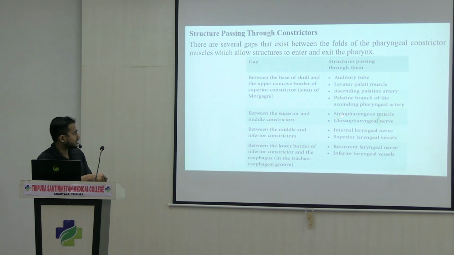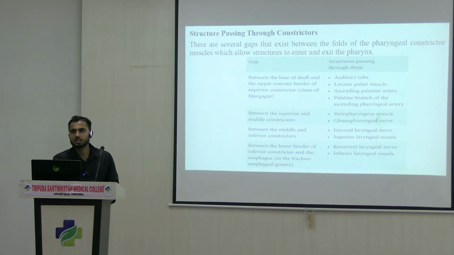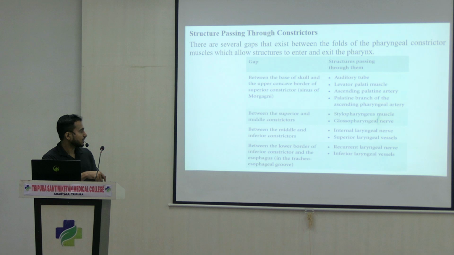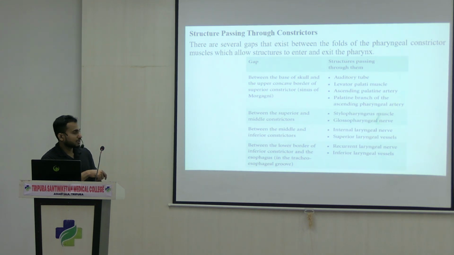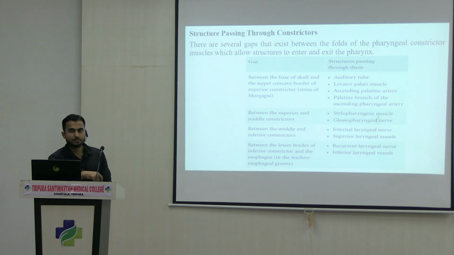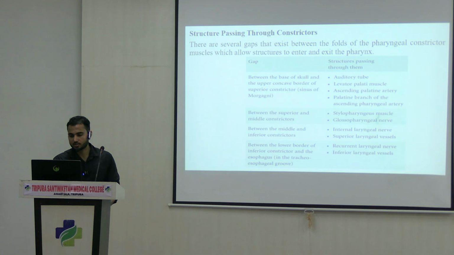Second, you can see only two structures are there, stylopharyngeus muscle and glossopharyngeal nerve. From the third one, the internal laryngeal nerve and superior laryngeal vessels. And from the last one, recurrent laryngeal nerve and inferior laryngeal vessels.